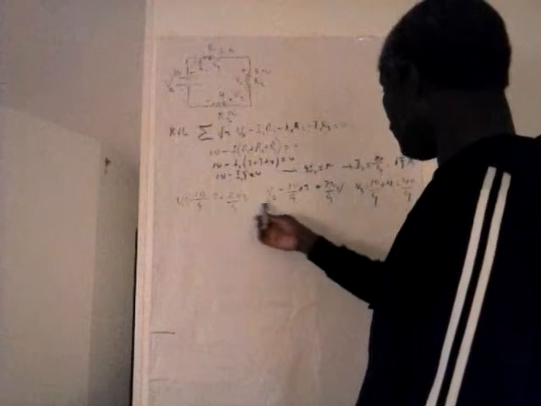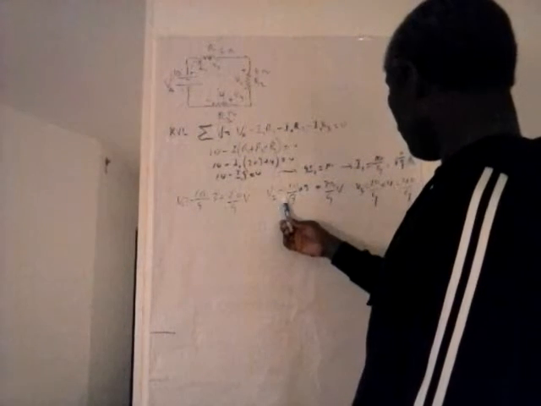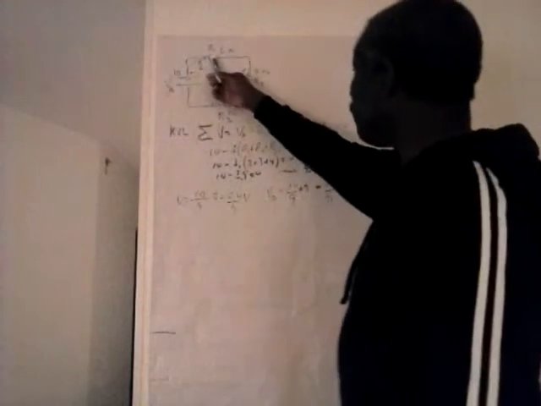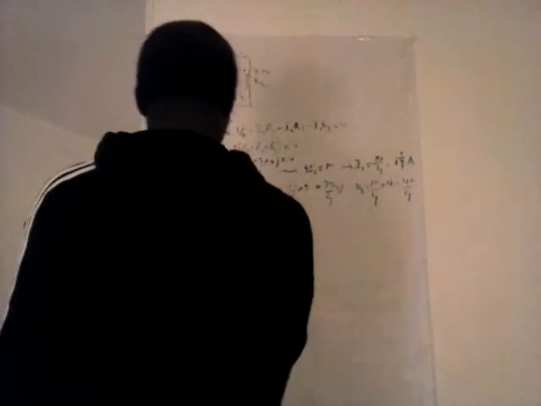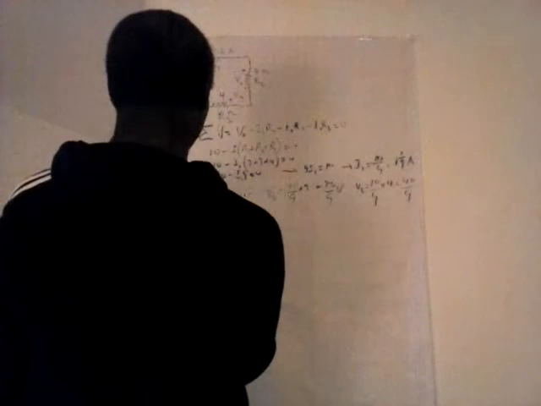We have found V1 to be 20 over 9, V2 to be 30 over 9, and V3 to be 40 over 9. So the sum of these three voltages is how much? But these are drops, so they're going to be negative.